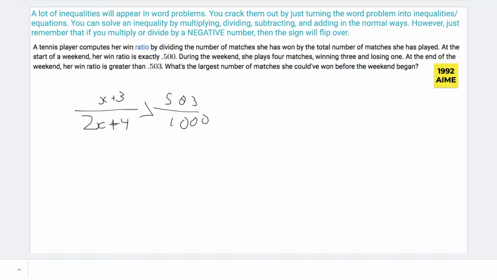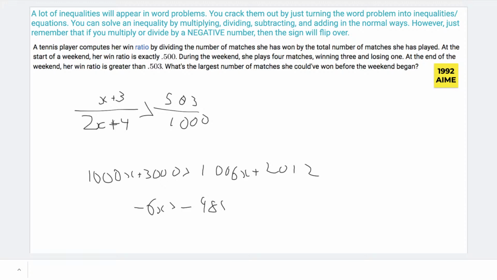So after you do that, you get 1000x plus 3000 is greater than 1006x plus 2012. And then you can subtract both sides by 3000 and 1006x to get negative 6x is greater than 2012 minus 3000, which is just negative 988.